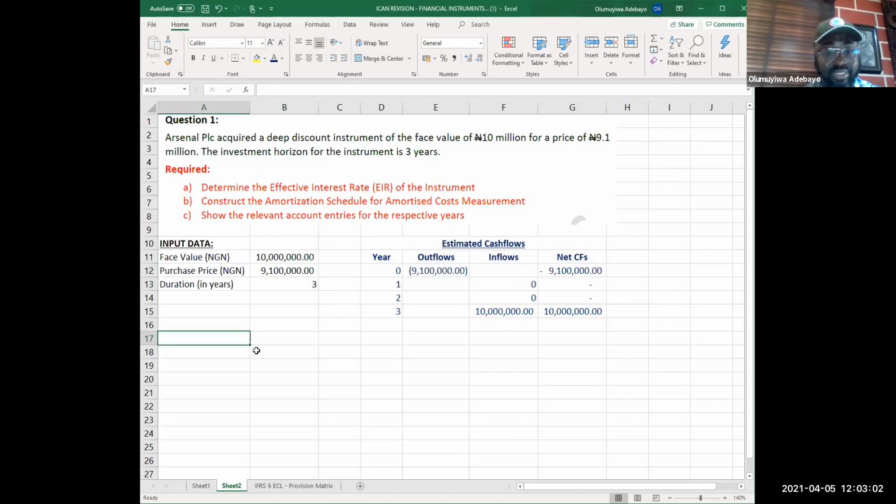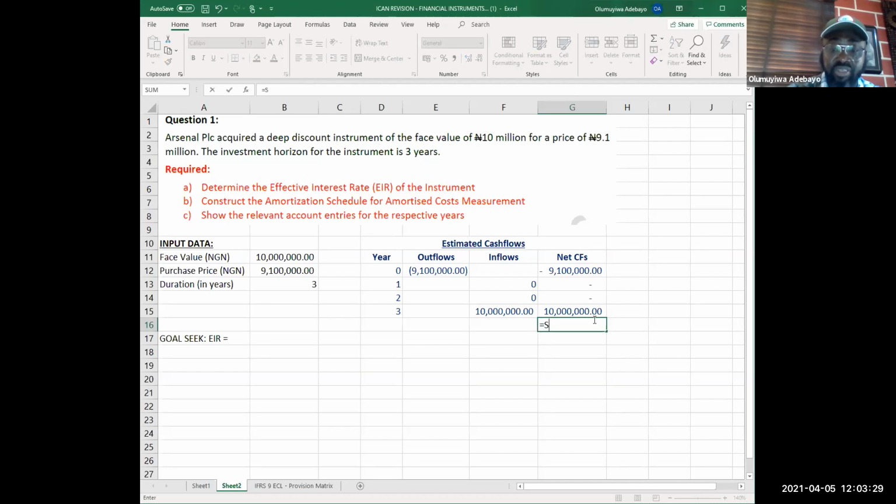Now, what do I want to get? Effective interest rates. Now, there are many ways in which I can get it. The first one is Goal Seek. Goal Seek is saying that your effective interest rate is such that when you add all of your cash flows from inflow to outflow, it should give you 0.